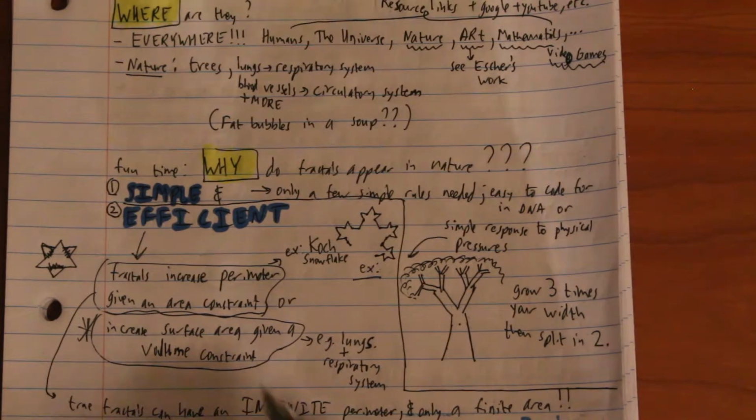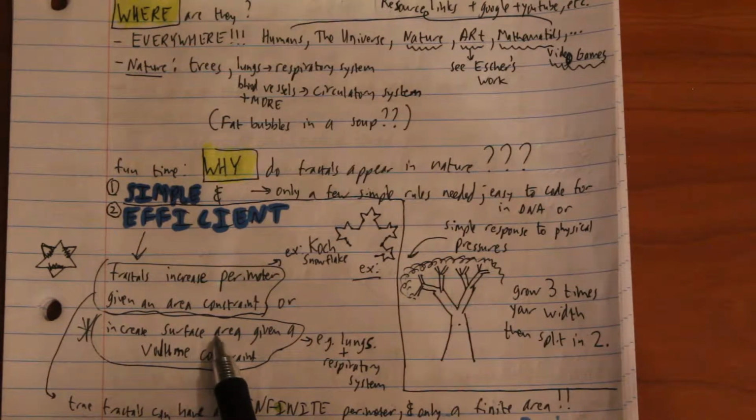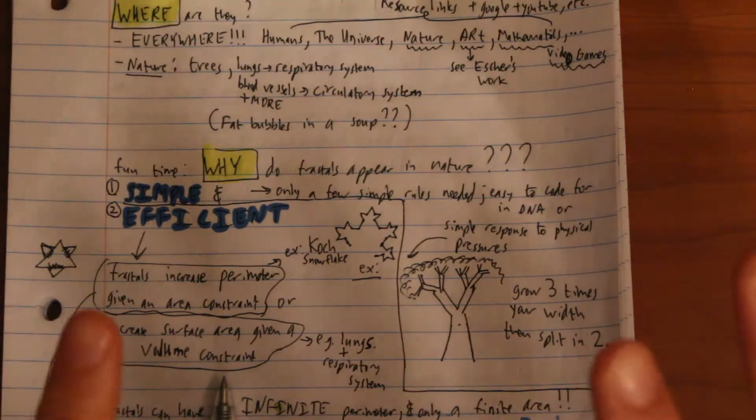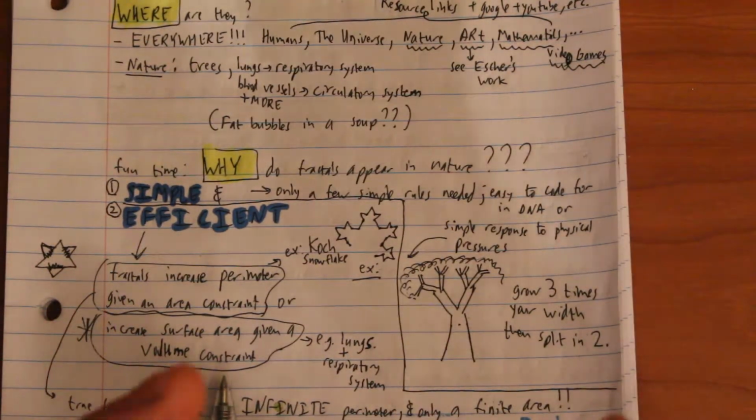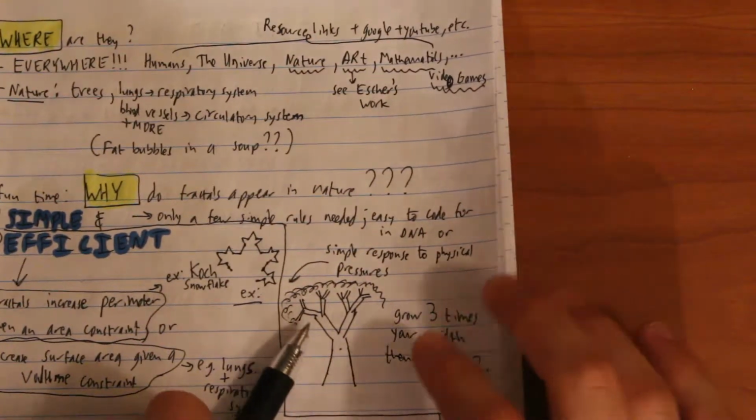So let's go back to the lungs. We can create a huge surface area with a relatively small volume, which is what I just read in that quote about the lungs. So how is that done? Because if you're spreading out your surface and it's really intricate, it can be relatively flat. Think of this tree right here.